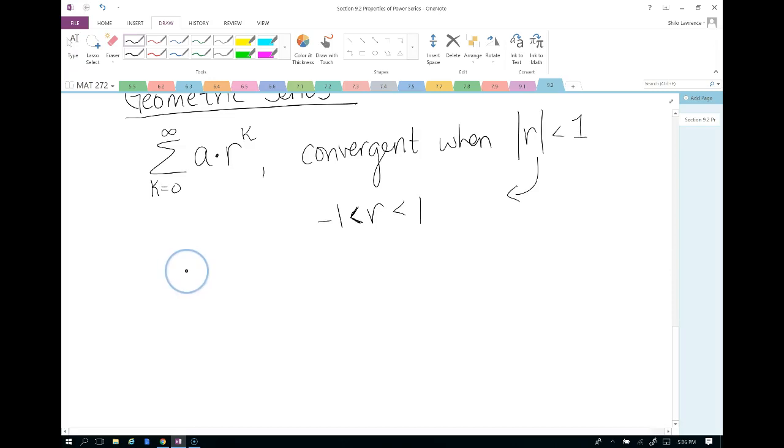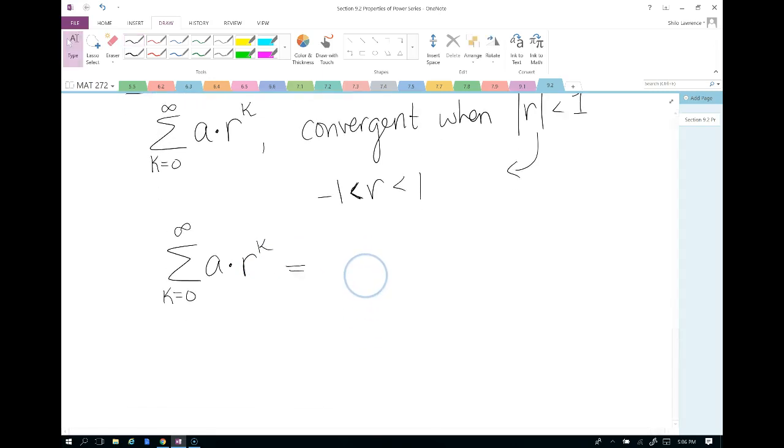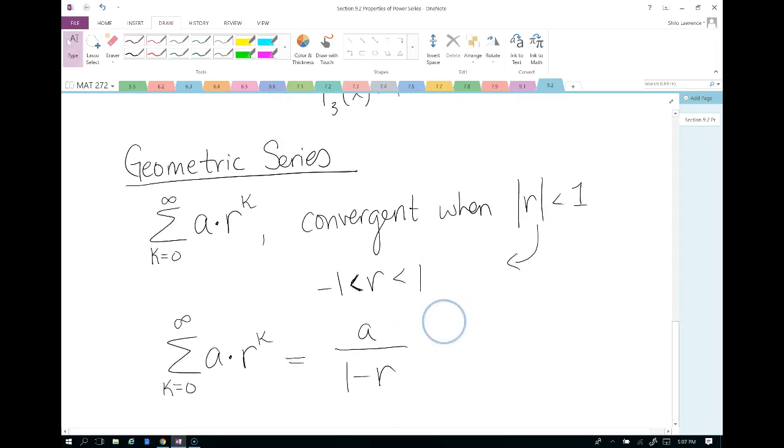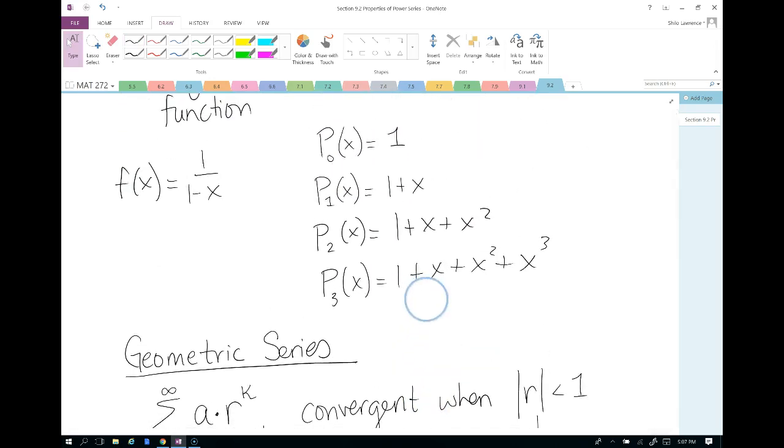Another thing to remember from geometric series is that we do have a way of finding the exact sum of a geometric series. If you have your geometric series written in standard form, a times r to the k, and as long as your k starts at 0, the sum is always going to be a over 1 minus r. That's almost what this function looks like, 1 over 1 minus x.